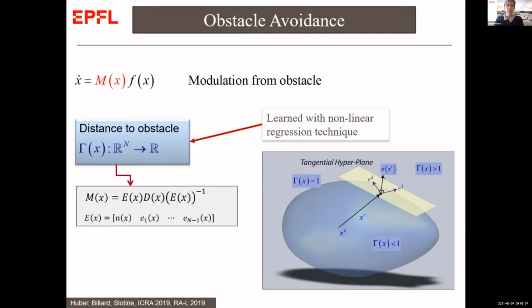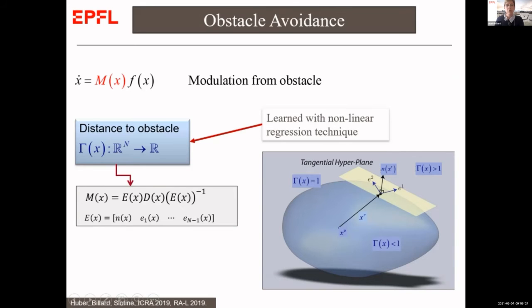So our modulation M of x needs to be constructed. Usually you do an eigendecomposition when you have a matrix and you want to observe what this matrix gives you. What we're doing is an eigen composition. We're going to build M of x by composing it as a set of eigenvectors and eigenvalues. The eigenvectors will be taken from this representation that we have of the obstacle.